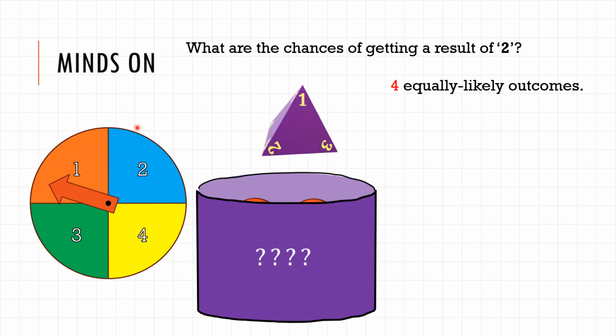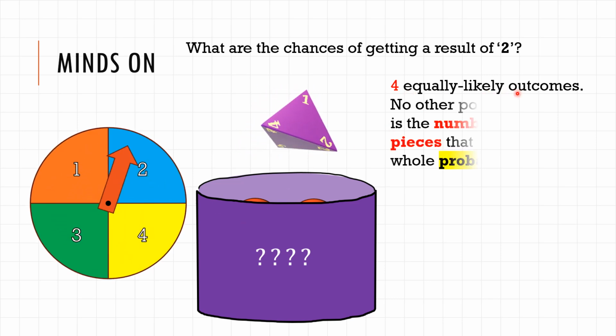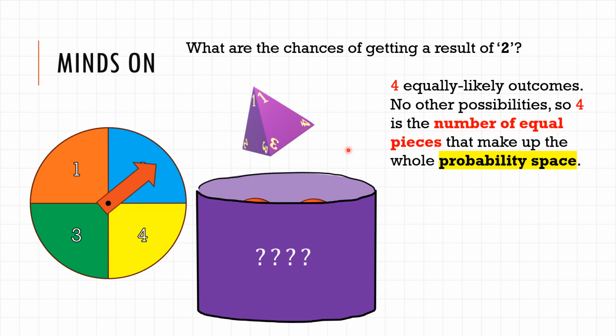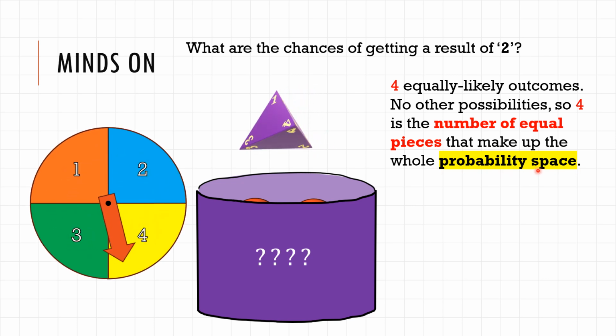So in these 3 different types of experiments, these probability trials, there are 4 equally likely outcomes. And there are no other possibilities, so 4 is the number of equal pieces that would make up something called a probability space. And we'll talk about that in just a minute, but you can imagine it's sort of like a spinner wheel.